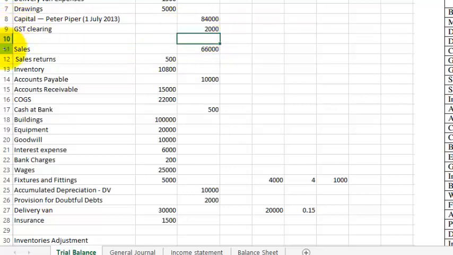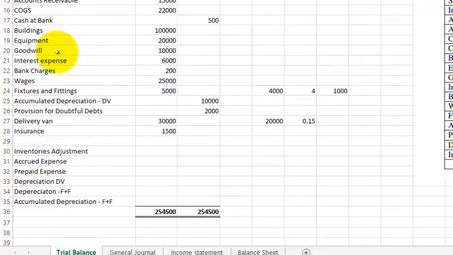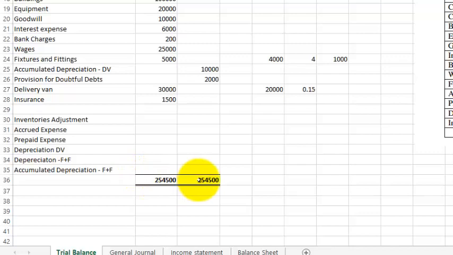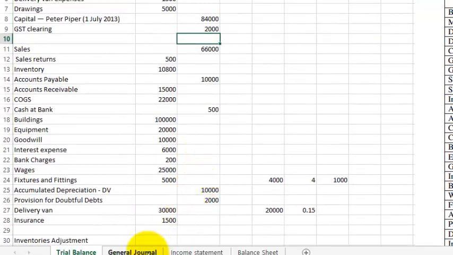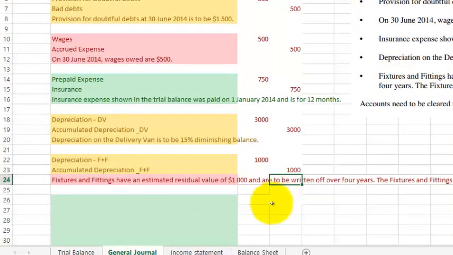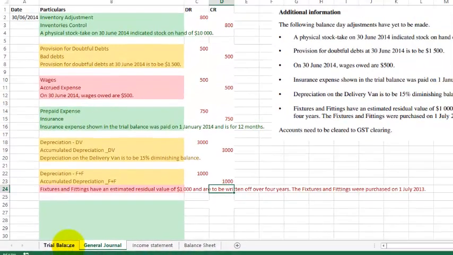So all I've done is taken away the GST collected, credits received, and put it against the collected, and that means I've got $2,000 remaining clearing, and that is a current liability which I'll deal with later. So you can see that we still balance, but what I need to do now, importantly, is to make sure that all these other entries are entered into the trial balance to come up with a final adjusted trial balance. So let's go and do that.